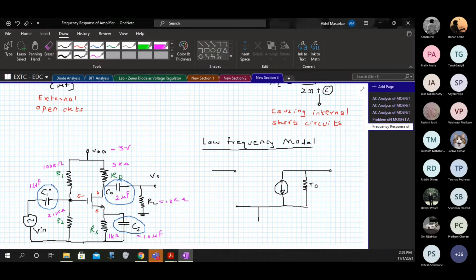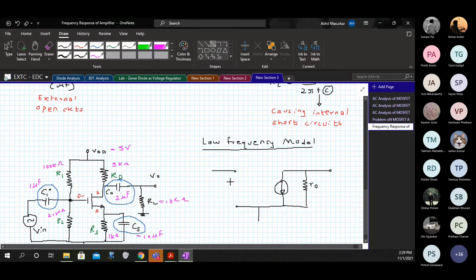So this thing will be VGS plus minus, and this thing will be GM times VGS.